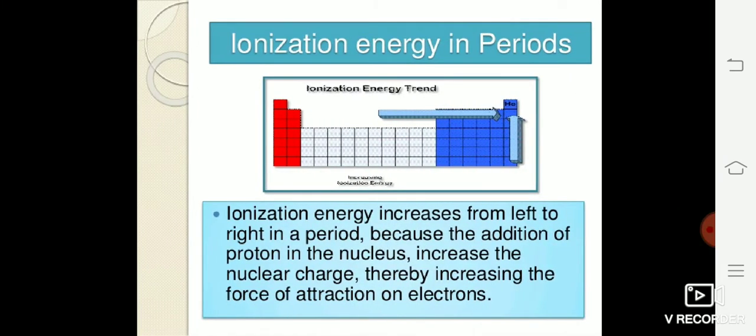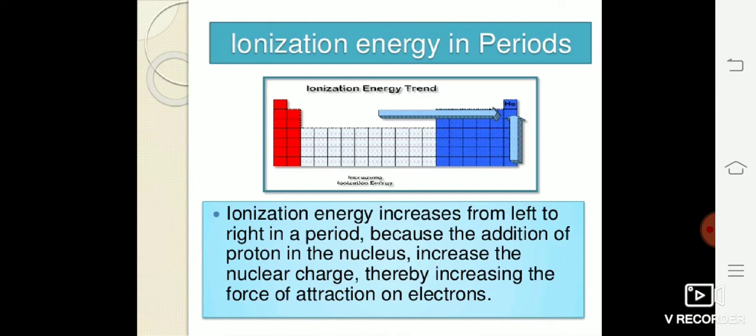Now when you are moving from left to right, ionization energy increases from left to right. The reason we have done in the previous example also. If you remember, when you are moving from left to right, the number of shells remains the same, but the number of protons and the number of electrons increases. Thus effective nuclear charge increases and hence atomic radii decreases.